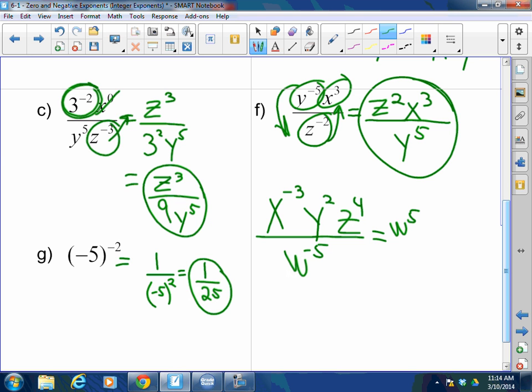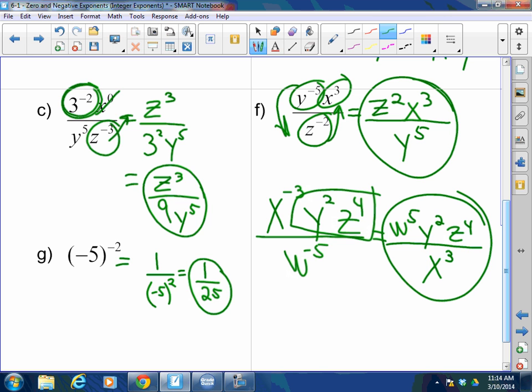Then what about these guys? Y to the second, then z to the fourth, over x to the third, or x cubed. Remember, when it's a power of 2, it's squared. When it's a power of 3, it's cubed. Does that make sense, everybody?